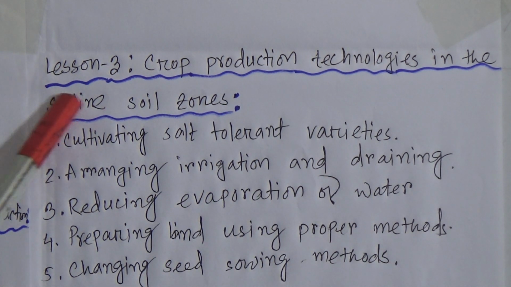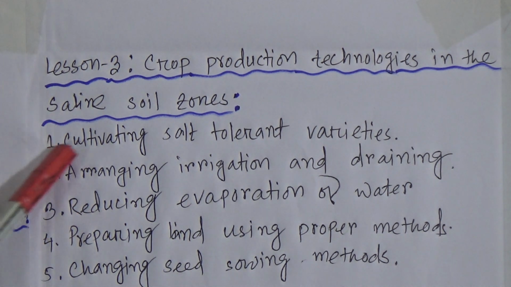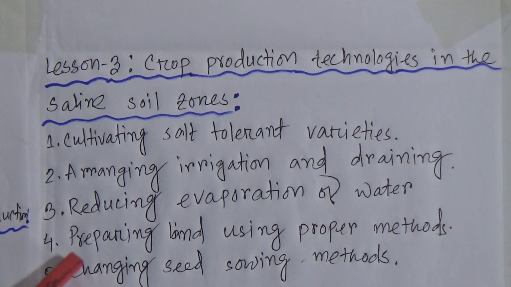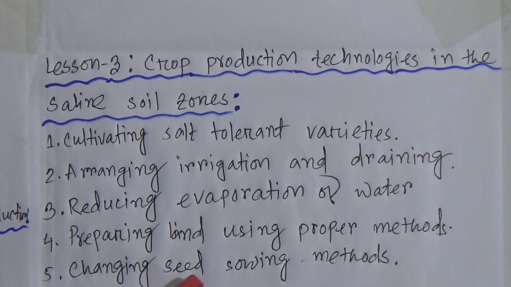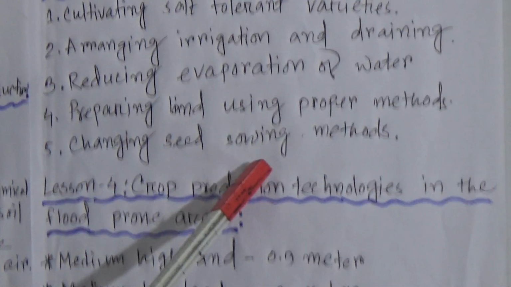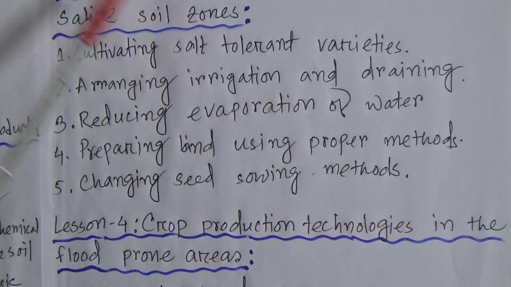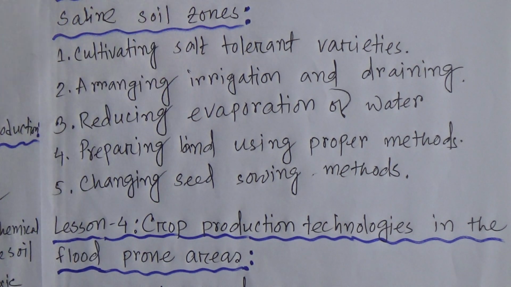Although such kinds of lands are saline zones, the farmers should prepare the land using proper methods. Then number 5, changing seed sowing methods. The farmers will have to understand how they will change the seed sowing method in this kind of soil environment.